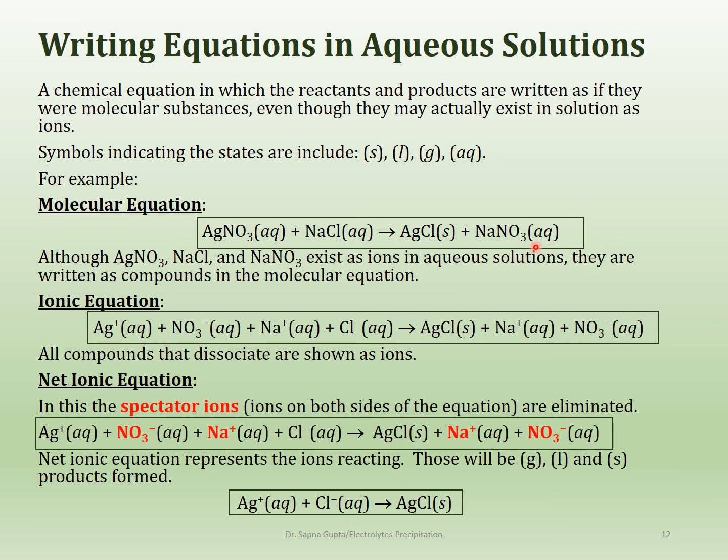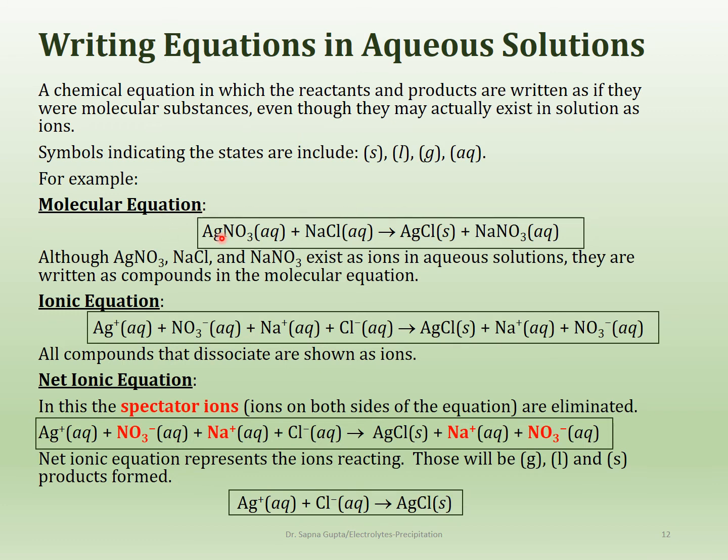I always suggest in class that you call these compounds by names as much as you can instead of formulas. So don't say AgNO3, try to say it by name, silver nitrate. That way you get to learn nomenclature as well as say it properly. You don't call it by symbols, you call it by name.